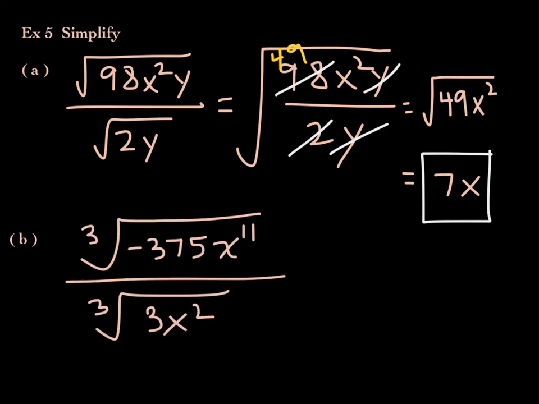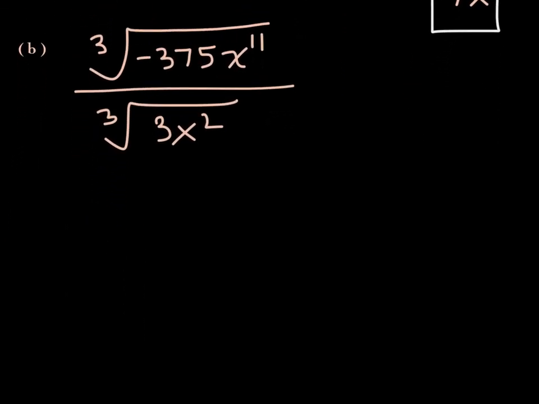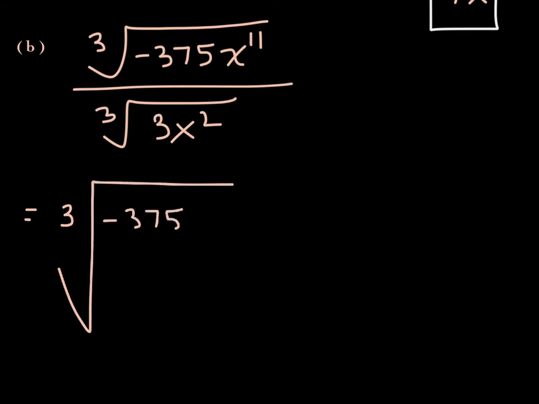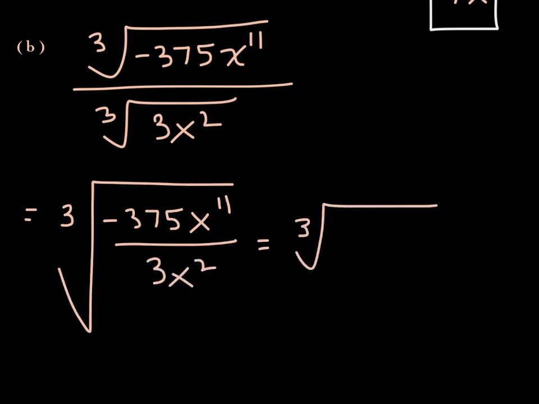One more like this. We have the cube root of negative 375x to the 11th power divided by the cube root of 3x squared. The quotient rule for radicals allows me to rewrite this quotient of two cube roots as the cube root of the quotient. The reason this is really nice is because 3 goes into negative 375 exactly negative 125 times.